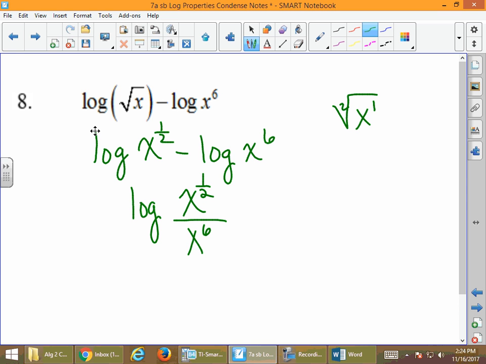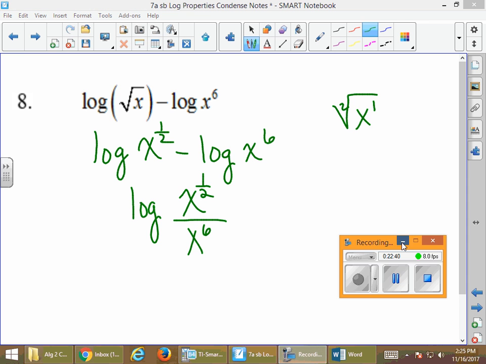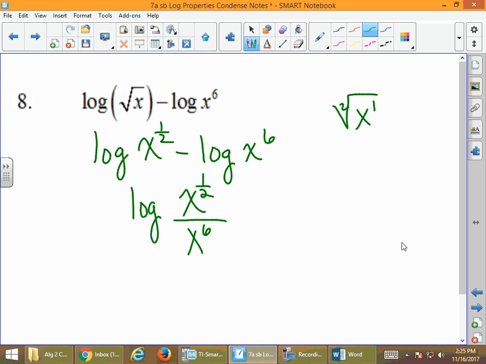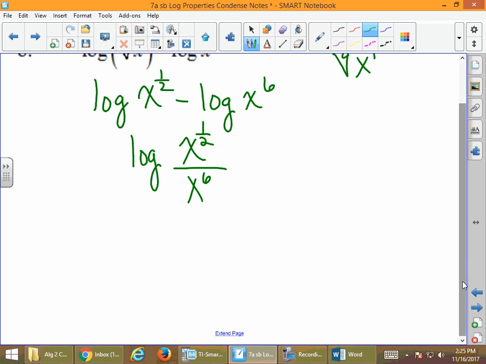And we have x to the 1/2 divided by x to the 6th. But once we get it written in this format, we can do something else to the problem. Remember when we divide, because we have x to the 1/2 and x to the 6th, we actually can subtract those exponents, and it becomes log of x to the 1/2 minus 6.